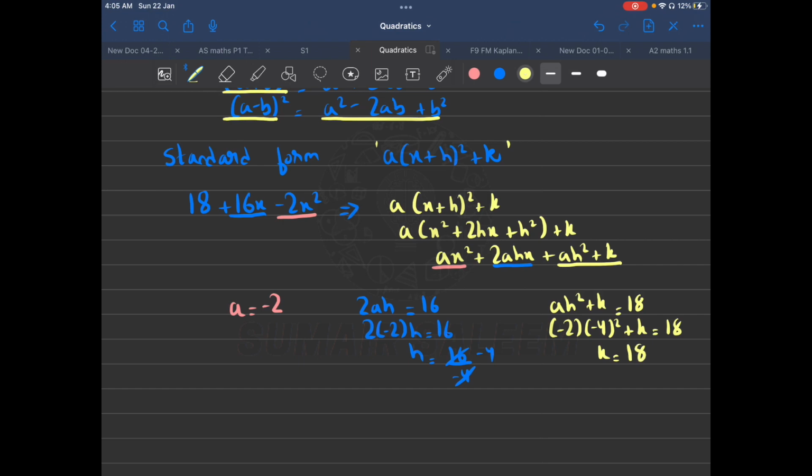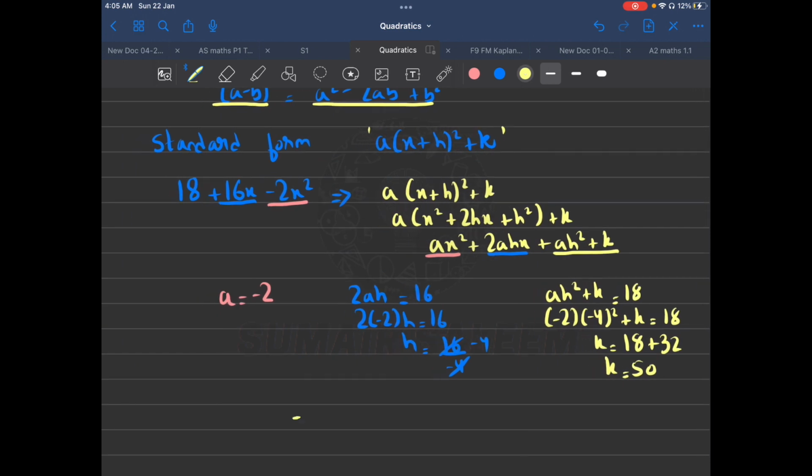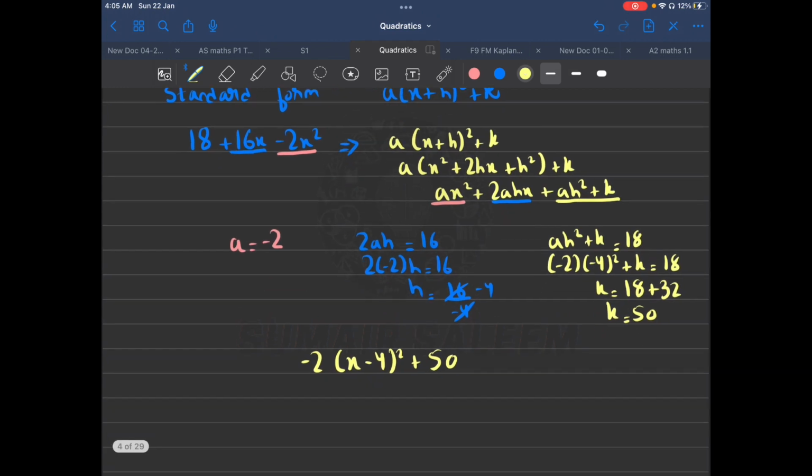So it's going to be 18 plus 32. That's what? 50. Now I'm going to write minus 2 (x minus 4) whole square plus 50. Got this, guys? That's how you convert to the completing the square form.